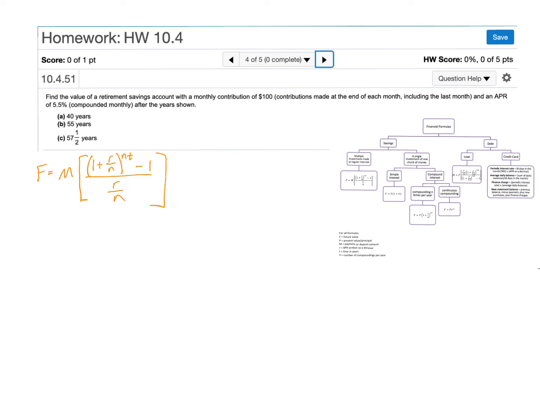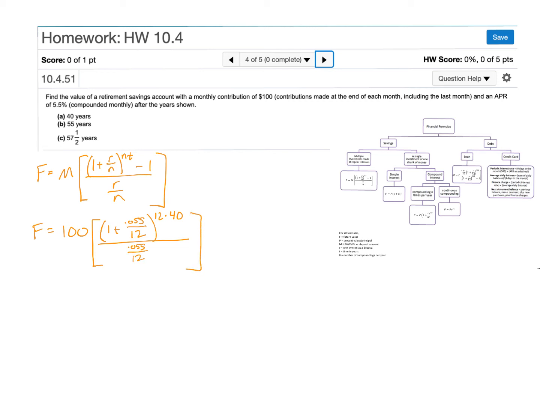Okay, and now in this case, M is 100. Interest rate is 5.5%, so 0.055 divided by 12 because we're compounding monthly. Raised to the 12 times 40, because 40 years, divided by 0.055 over 12.